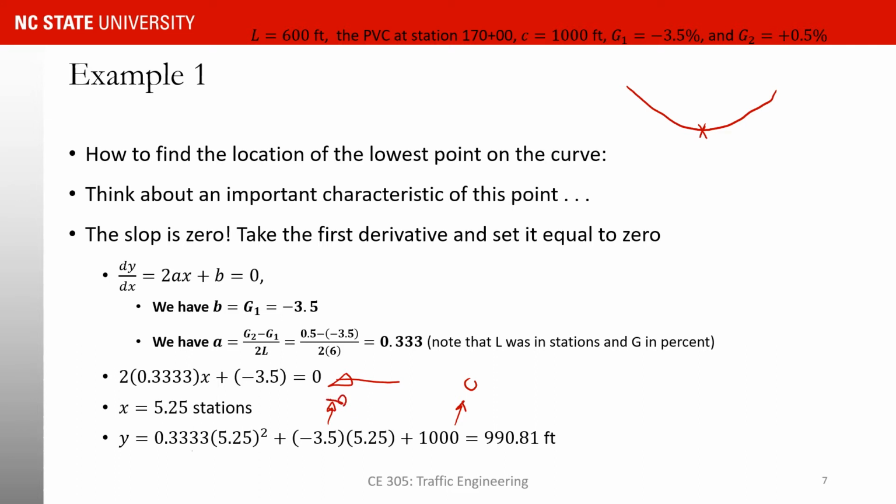And A is equal to 0.333. So if you just put these values in your calculator, you will get a value of 990.81 feet for the elevation of the lowest point. X is equal to 5.25 stations and Y is equal to 990.81 feet.